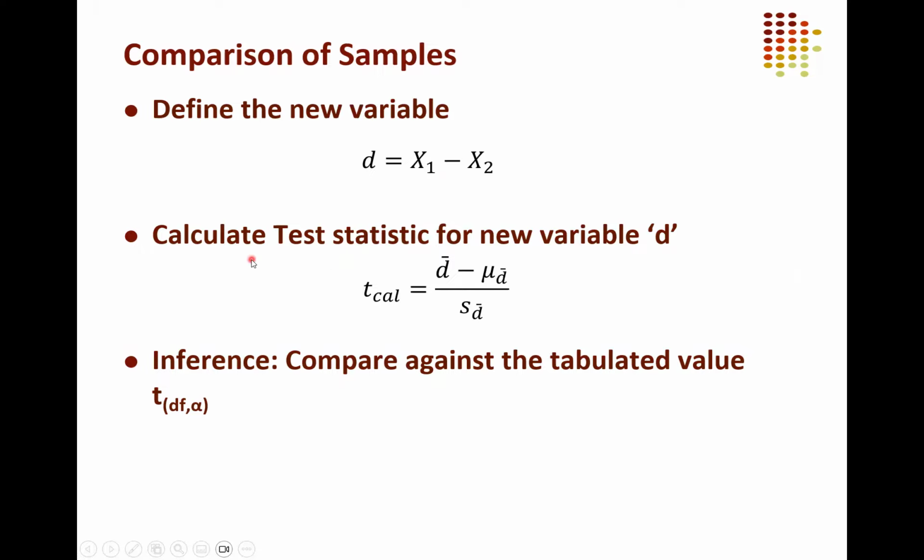Then we will calculate the test statistic for the new variable d: d minus mu d over s, the standard deviation, and we will be calculating the inferences about this difference variable.